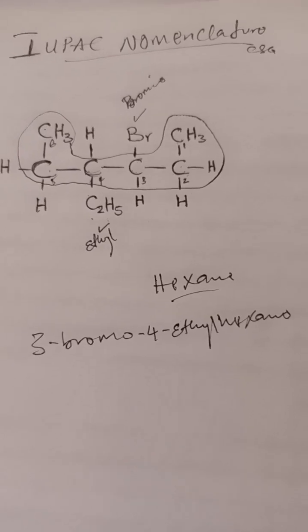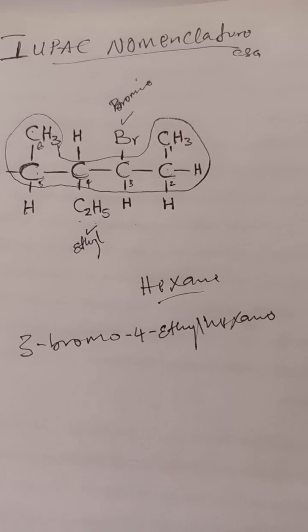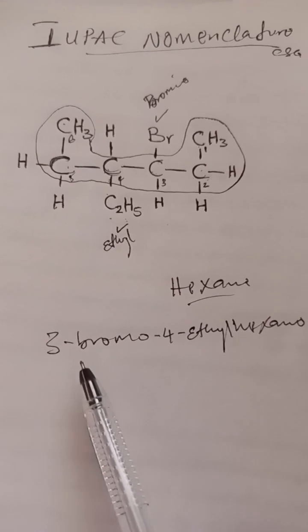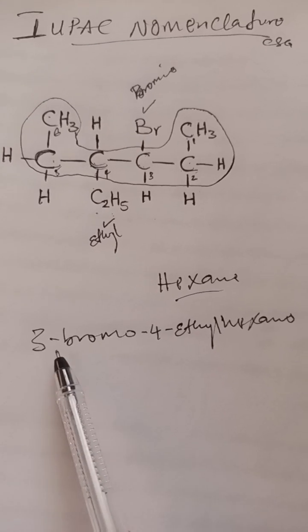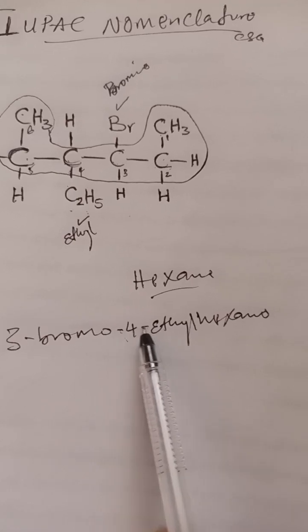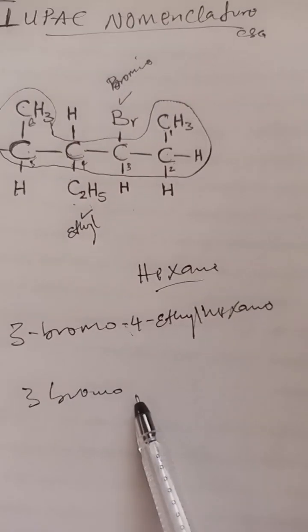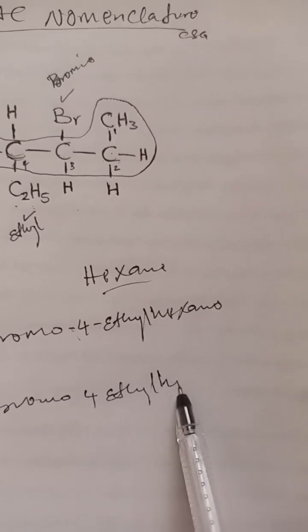Now most of us are writing IUPAC names wrongly. I just try to be silent over it because some people think that correcting them means you are trying to show superiority of knowledge. Whenever you are writing, do well to separate numbers from letters using a hyphen. Okay, look at the hyphen. Don't just say 3-bromo and now say 4-ethyl hexane.